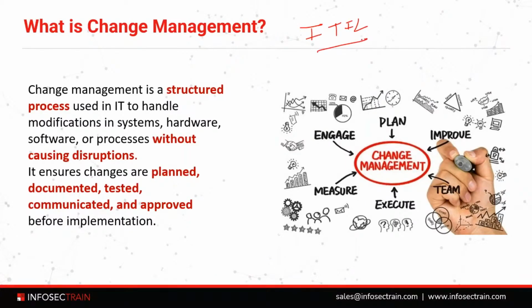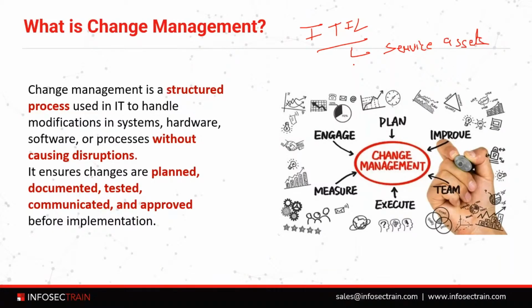IT Infrastructure Library. So it is a popular documentation of good and best practice activities and processes for delivering IT services. Under ITIL, configuration management is implemented using different elements like service assets. What are service assets?